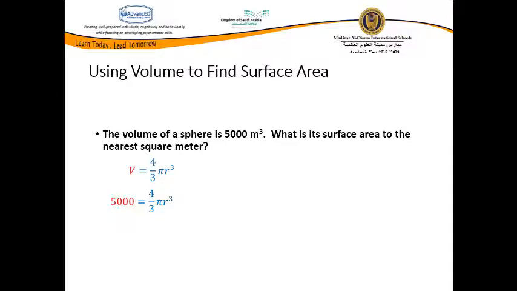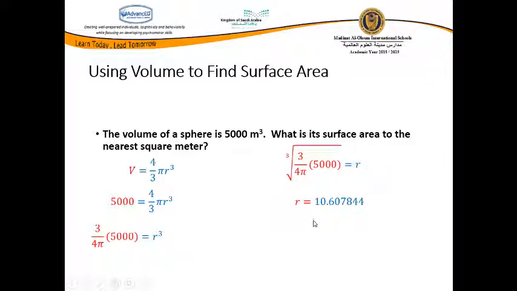For solving for r cubed, we move 4 over 3 pi to the other side by multiplying by the reciprocal, so 3 over 4 pi times 5000 equals r cubed. To find the radius, we take the cube root of all of that. Then the radius equals about 10.607.